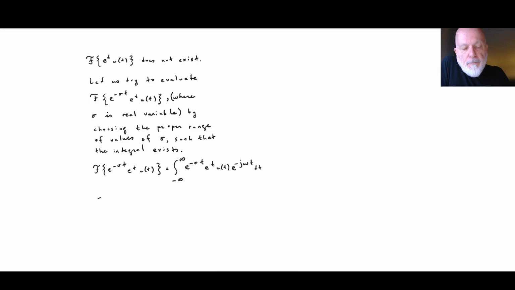Now, because of the unit step function, in fact, the integral starts from 0 to infinity. Now, we can combine e to minus sigma t and e to t as e to 1 minus sigma t. Okay? And we have e to minus j omega t integrated with respect to t.